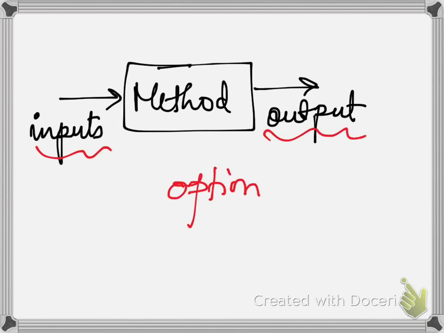I may give inputs, I may not give inputs. Similarly, I may get an output, I may not get an output. Based on this, methods can have different forms. In the next lecture, we will see how we can create methods in Java.